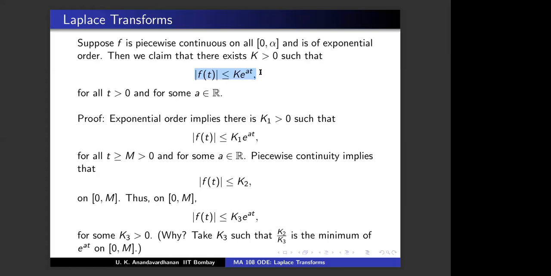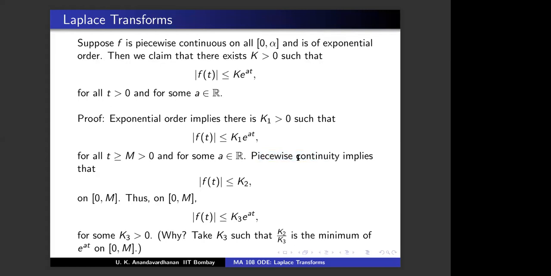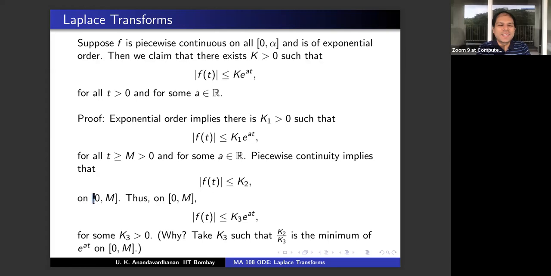Sir, you take k to be the, yeah. In between 0 and m, why f of t should be bounded? Because of continuity. I mean, it can go like 1 by x, no? No, that's why I'm including 0 here. I'm assuming continuity throughout 0 to m, including 0.